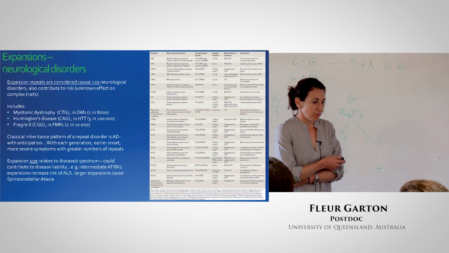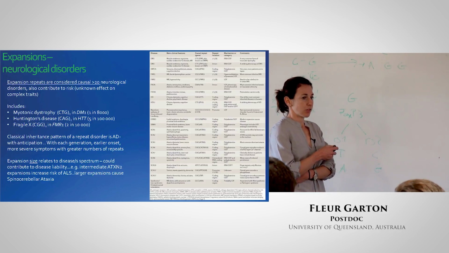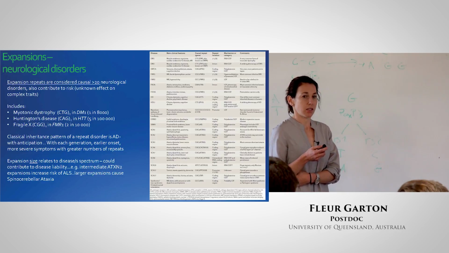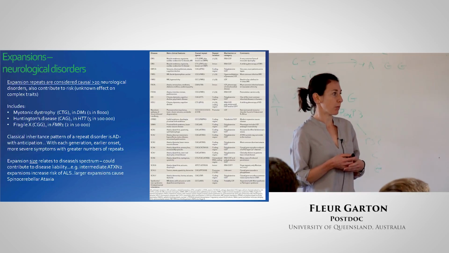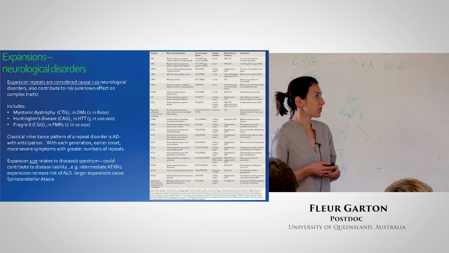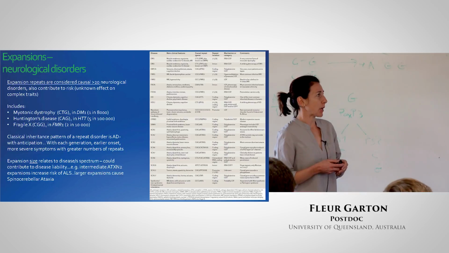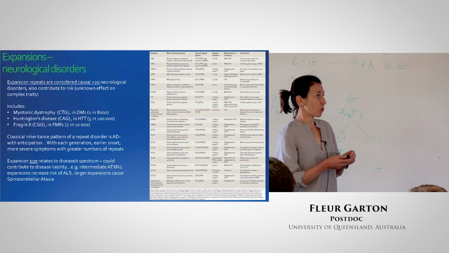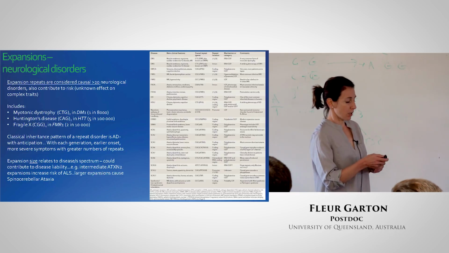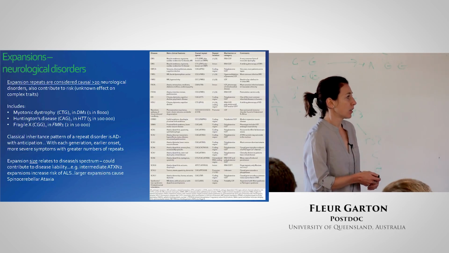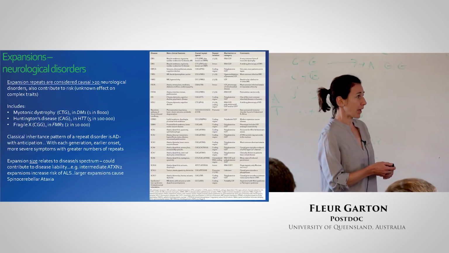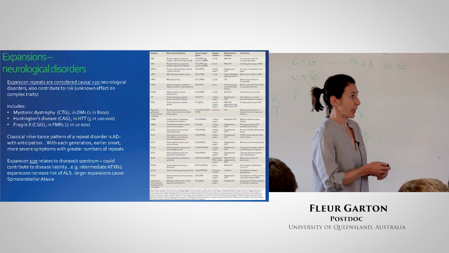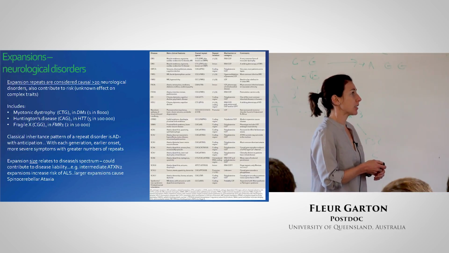Okay, so this is just an example of expansions and their association with many different neurological disorders. So these expansion repeat disorders are considered causal in over 20 different conditions. So there's a list here, and these are the actual causal repeat genes and where they're located.